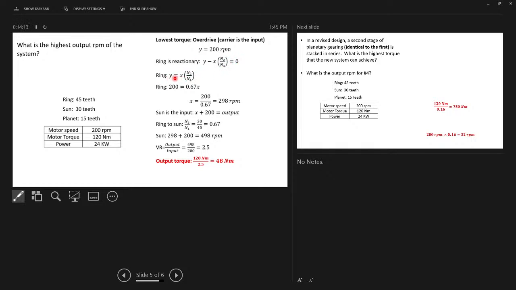So y is equal to x times this ratio of the sun teeth to the ring teeth, and the equation becomes 200 minus 0.67x. And that works out to 298 RPM for the value of x.